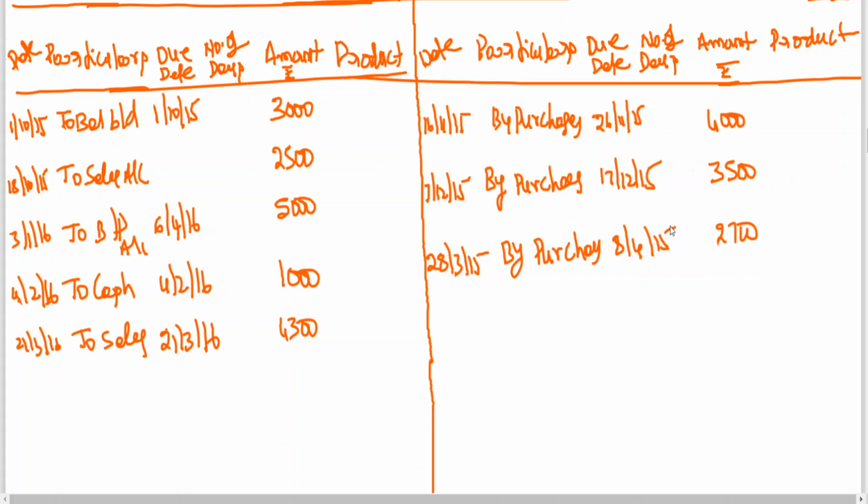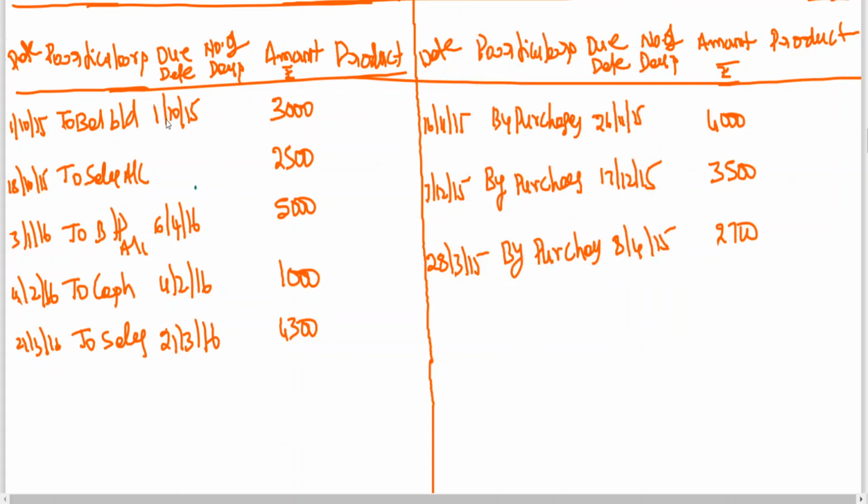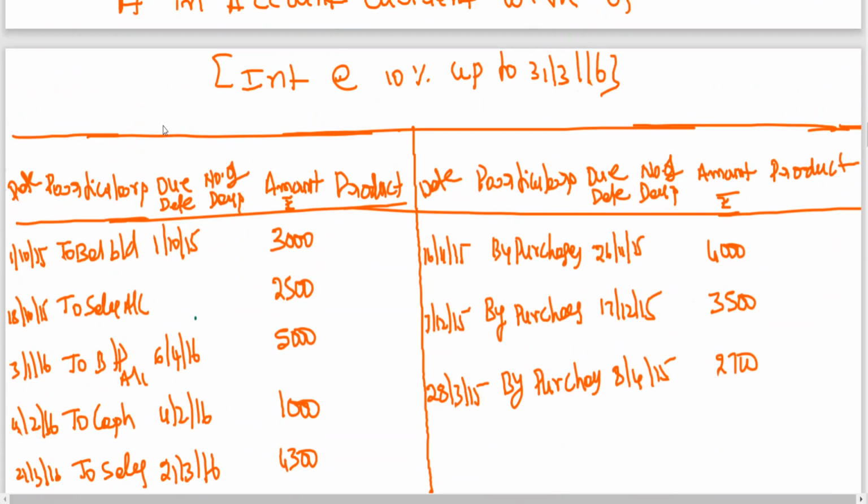Now let us calculate the number of days. I told you for the first opening balance, this date is to be included. 1st October also to be included. 31 October, November 30, December 31, January 31, 16 is a leap year now, February 29, March 31.